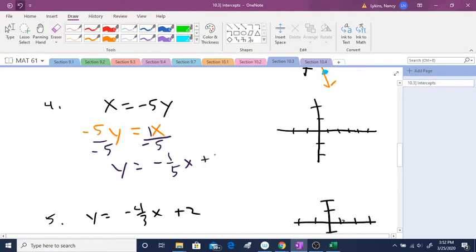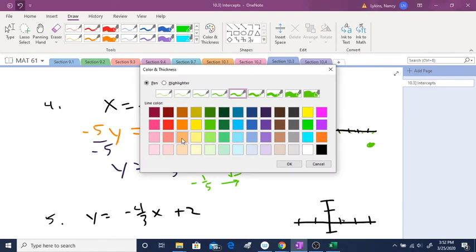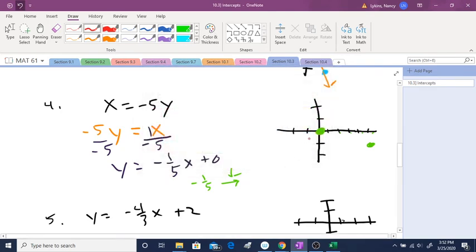Since there's nothing behind it, let's put a plus 0 there. That means I start at 0. For my fraction, negative 1/5, I go over 5, 1, 2, 3, 4, 5, and down 1. I connect the dots.